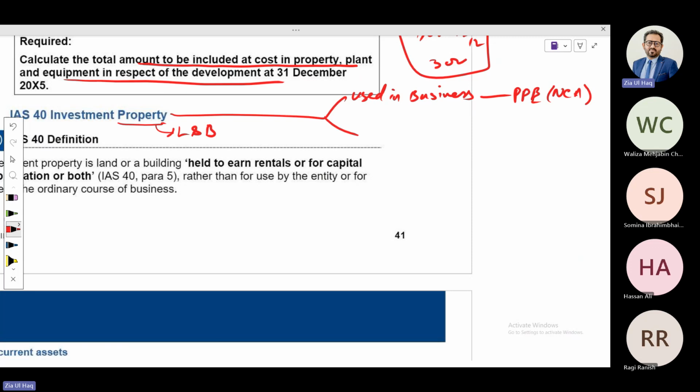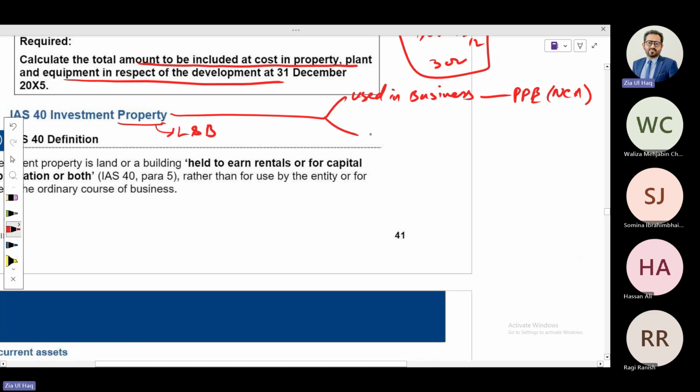Those properties that we use in our business, we classify as property, plant and equipment in the balance sheet.